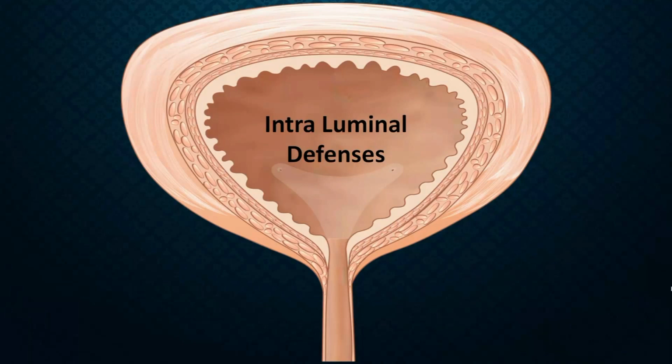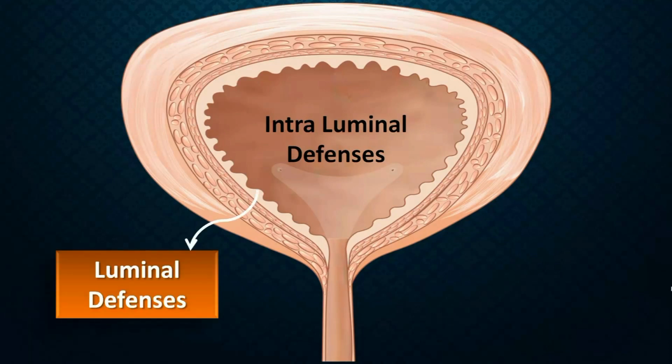They are operational all the time in urine, inside the urinary bladder. And then there are certain defense factors which play through the wall, the mucosa of the urinary bladder, and they are stationary in the wall, and they are called luminal defenses. It is just for the sake of your understanding that I categorize defenses into these two.